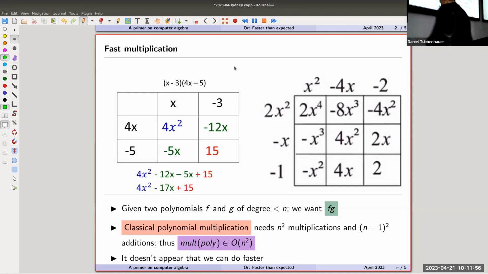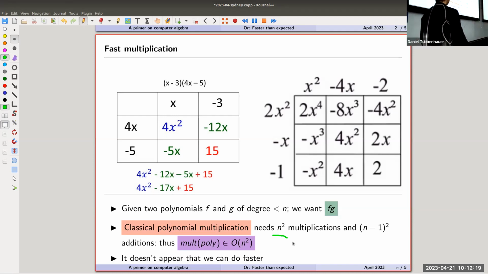So let's make a complexity analysis of this multiplication algorithm for polynomials. Well, because it's a grid, I claim we need n-squared multiplications. That hopefully is not very surprising. It's a grid, right? So you need n-squared multiplications.